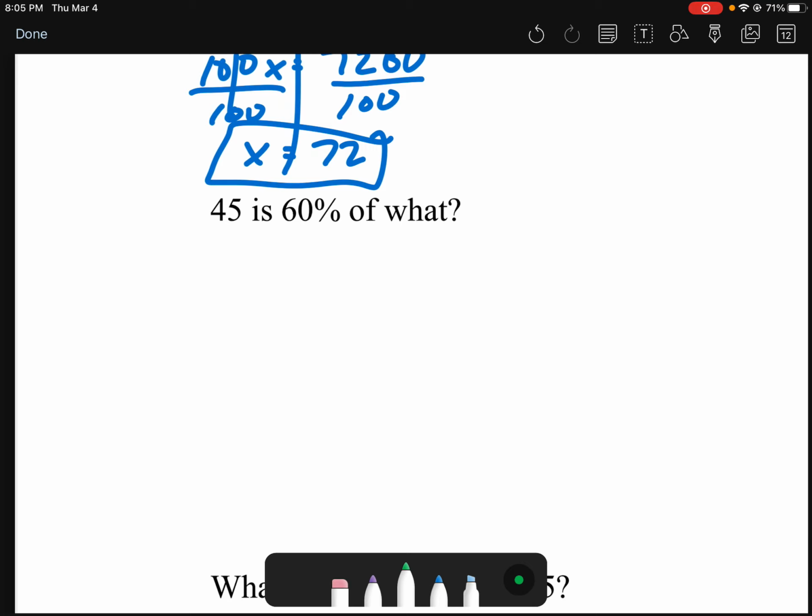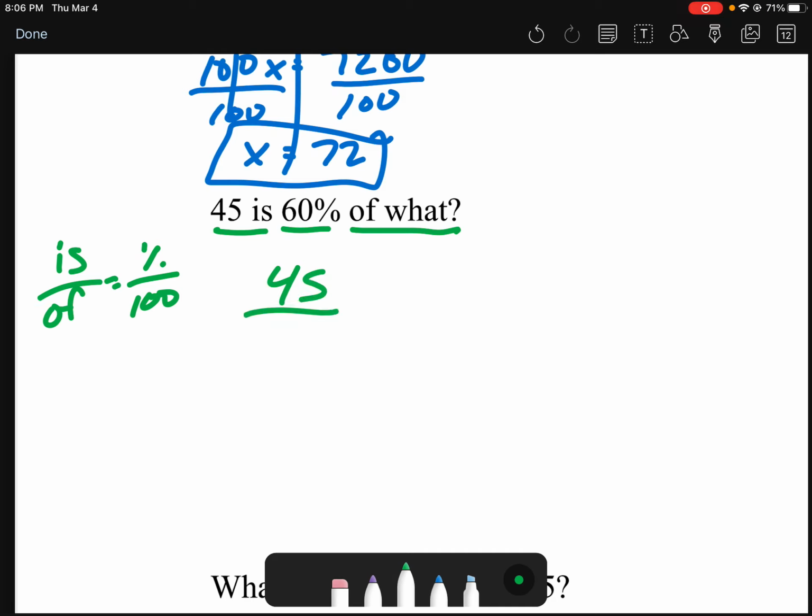$45 is 60% of what? I got 45 is here, 60%, and of what. So again, is over of equals percent over 100. I got 45 over x equals 60 over 100.